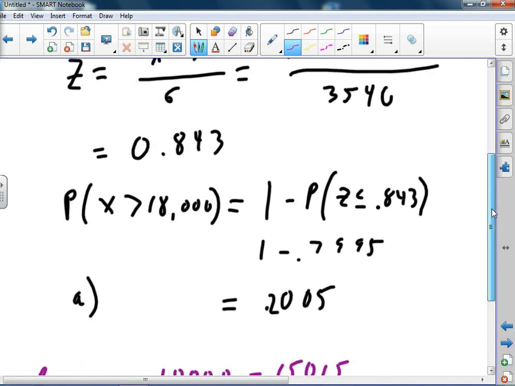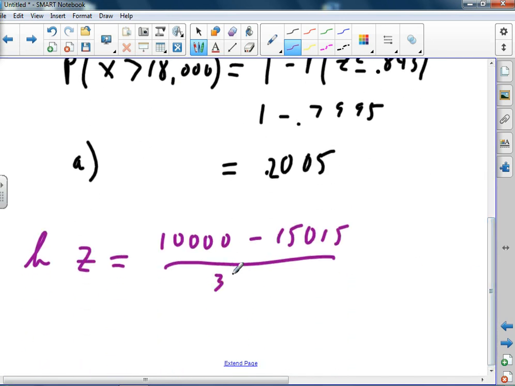Why can't I remember these things? 10,000 minus 15,015 divided by 3540 equals minus 1.42.